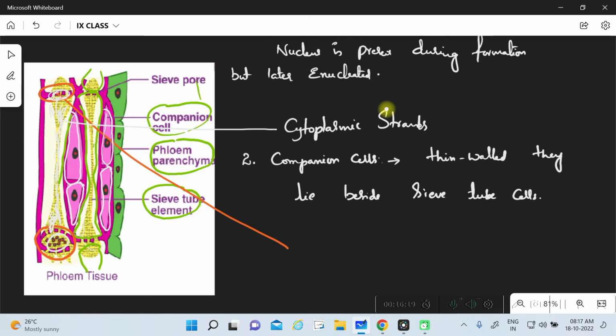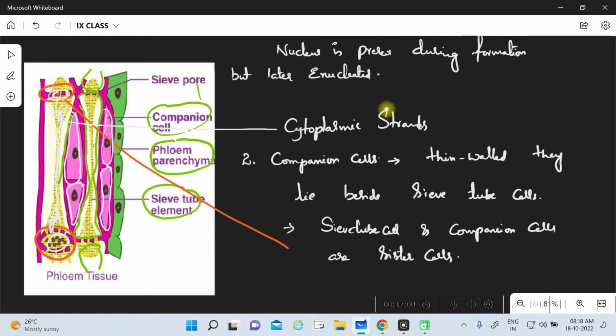They are connected to the sieve tube very closely, and it is said that the sieve tube cell and companion cell are considered sister cells. Sister cells in the sense that both the sieve tube cell and the companion cell are formed from the same mother initial.